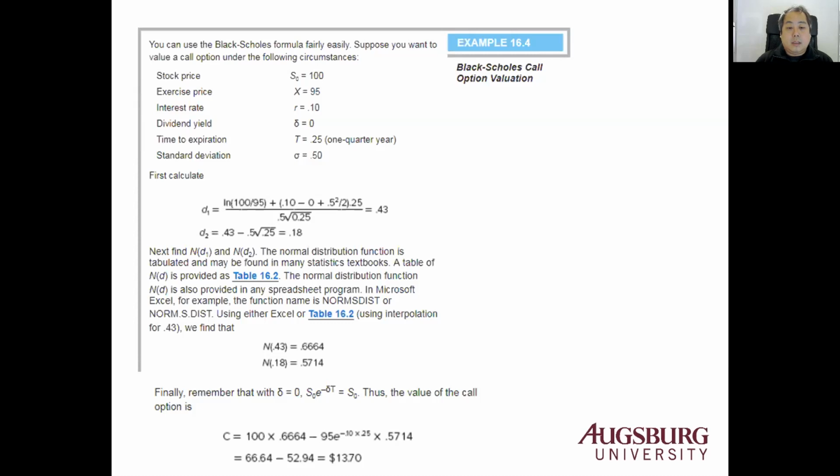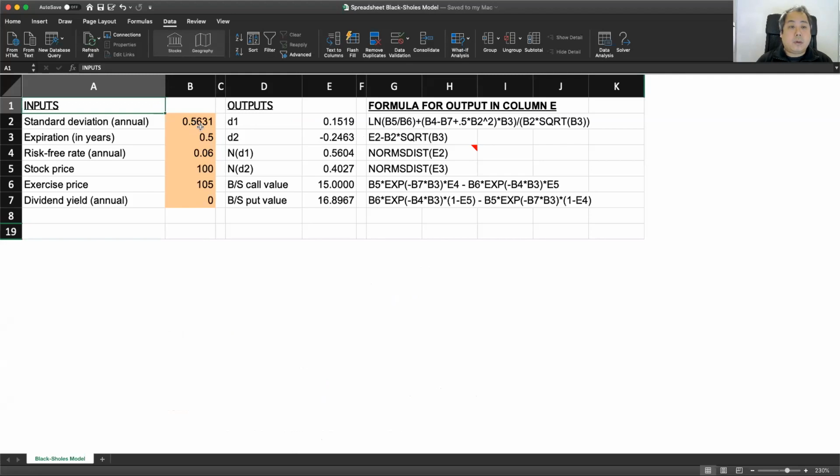You can download the Excel spreadsheet to solve these problems on Moodle. So I'm going to use this Excel spreadsheet to explain. You may have different numbers, but we can change the numbers here.